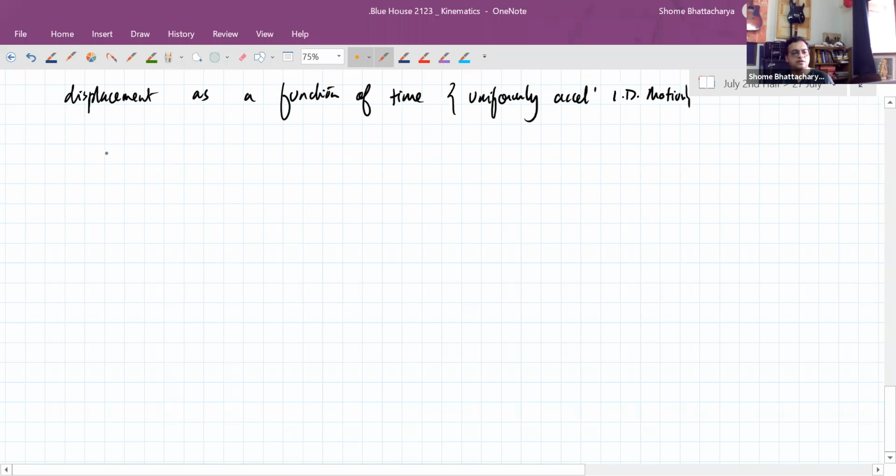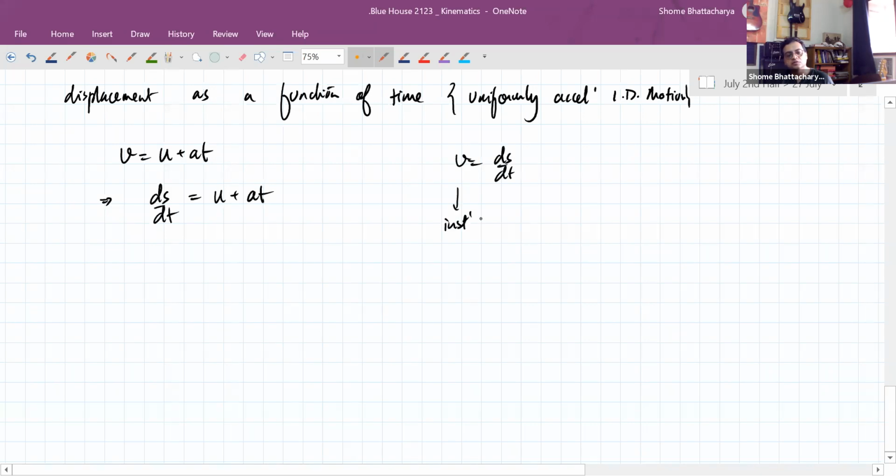Okay, so we have v equal to u plus at. This implies that the instantaneous rate of change of displacement is equal to u plus at, because v is equal to ds by dt.